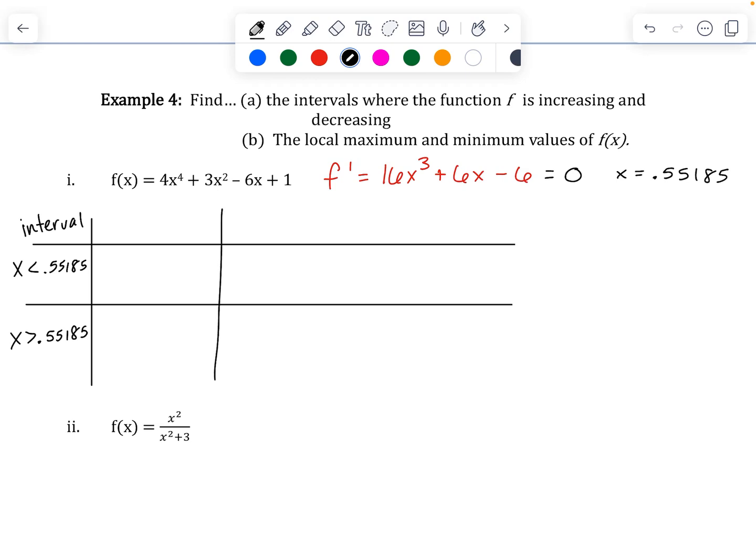So you need to tell me if I plug in any number to the left or to the right of that, what's happening? What's your f prime value? What's happening to f? And is it a max or a minimum? So please take a second, pause the video, try it, and then unpause to check your work.